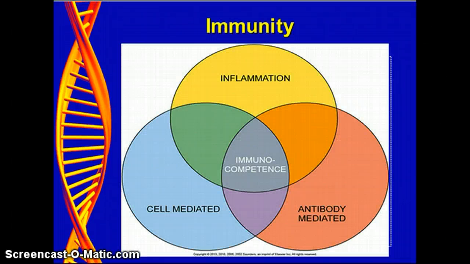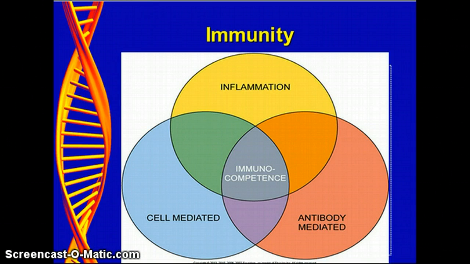You'll find this photo in your textbook as well, and it displays the immunocompetent patient. So with inflammation, that's going to be a process that provides protection, and then the body must learn to generate specific immune responses when it is infected by or exposed to specific organisms.